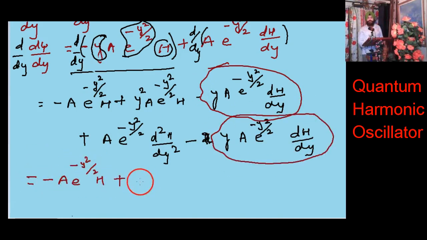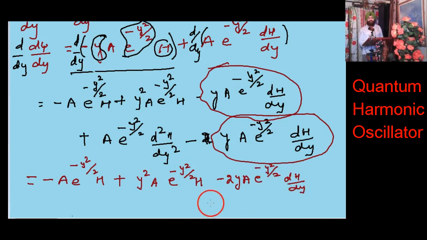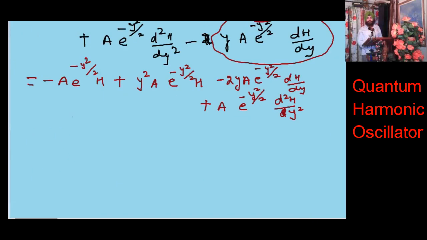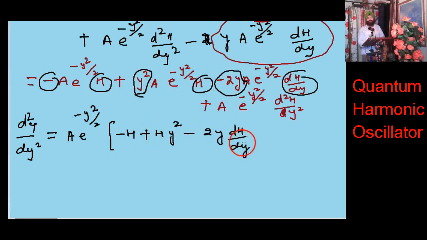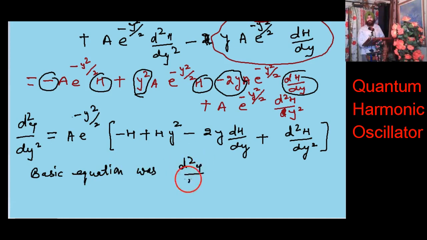Now combining two terms, it becomes 4 terms. Now this is common from the 4 terms. Now our basic equation was this one.